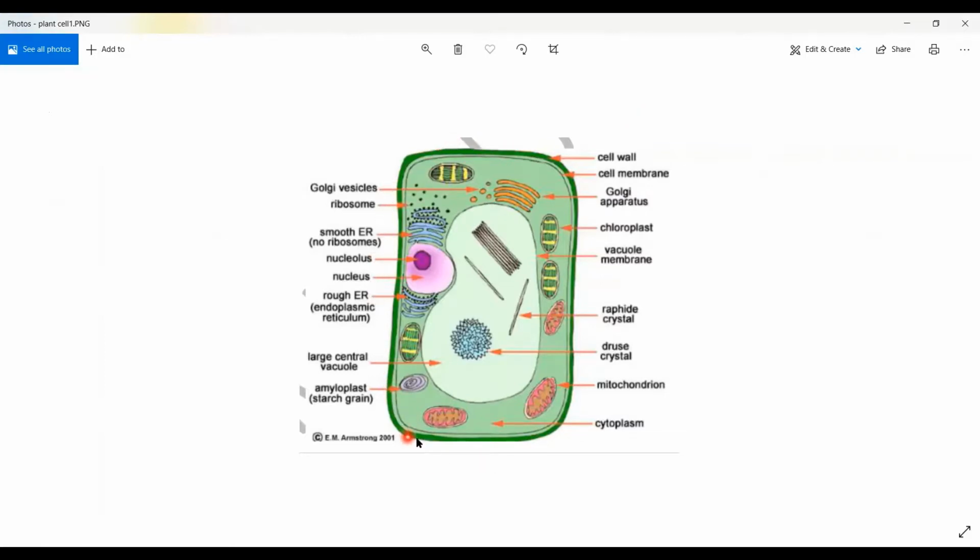The very thin line here inside is the cell membrane. The green background is the cytoplasm. This is the vacuole taking most of the cell. This is a nucleus, again ribosomes, chloroplasts, mitochondria, okay, and what else? The rest are not needed in O-level.